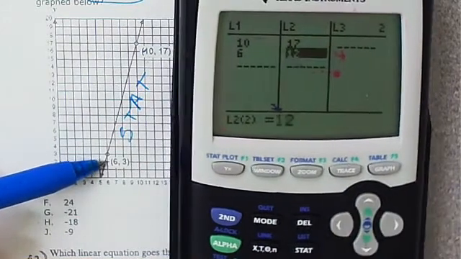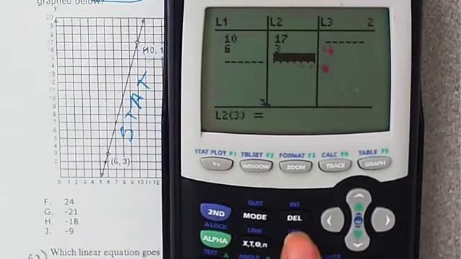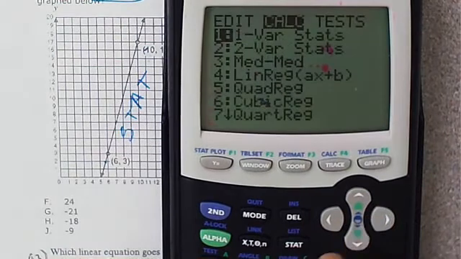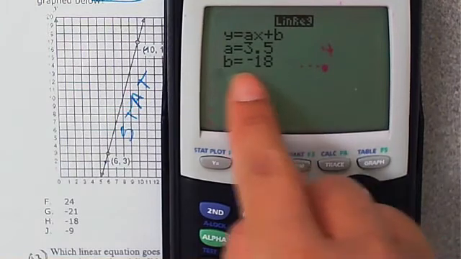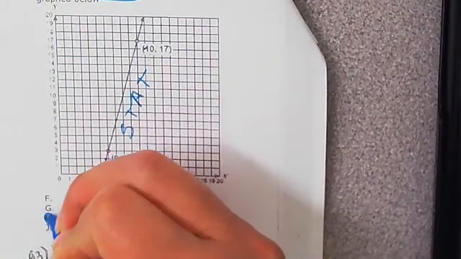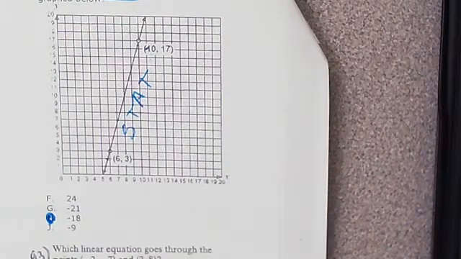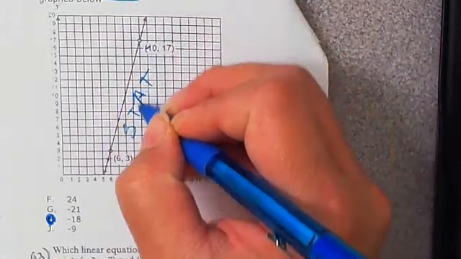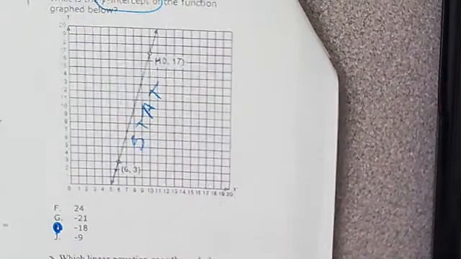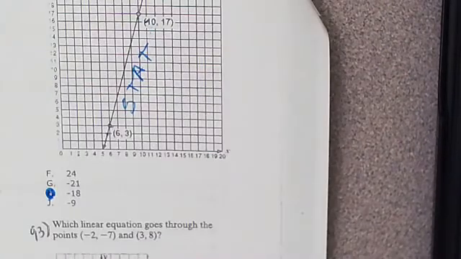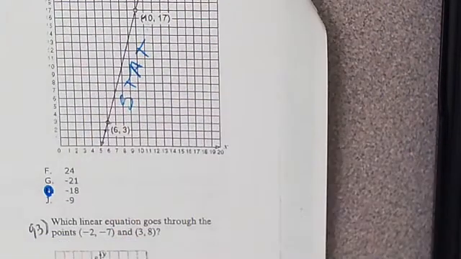Second point is 6 and 3. You press stat again, move it over to calculate. This is a line, so number 4, and calculate. Your y-intercept is the B, -18, which is letter H. You could do rise over run and keep going until you cross the y-intercept yourself if you got more graph paper. Okay, but why do that when you can just learn the steps to stat?